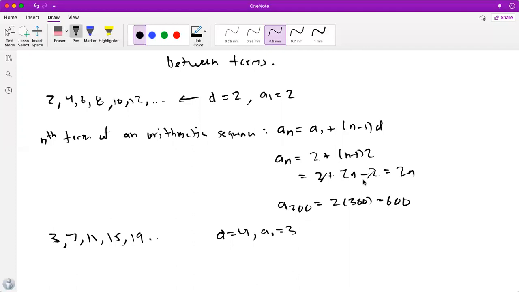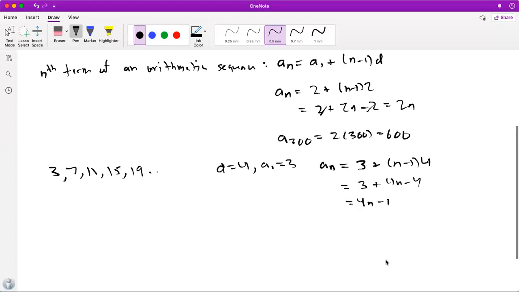So for this, I would say the nth term is A1, which is 3, plus n minus 1 times the difference, which is 4. So this is 3 plus 4n minus 4, which is 4n minus 1. And we did this before just by guessing and checking. In the warm-up problem before, we said since the difference is 4, I want there to be 4n.